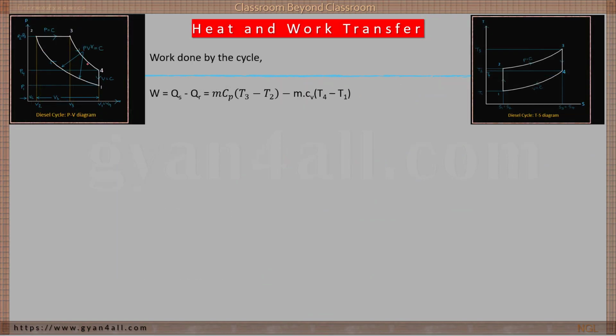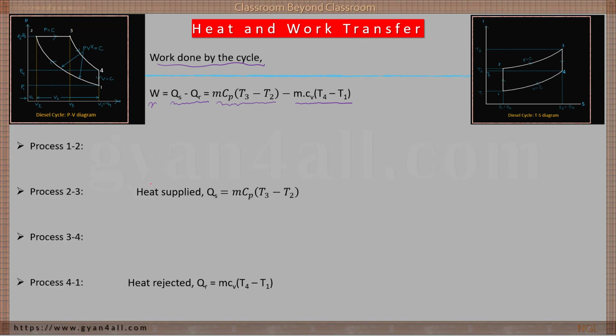Now the work done by the cycle W is equal to Qs minus QR. Qs is m Cp (T3 minus T2), and QR is what we have already discussed. Next, what are the heat interactions? Number 1 is heat supplied during process 2-3, and number 2 is heat rejected during process 4-1.